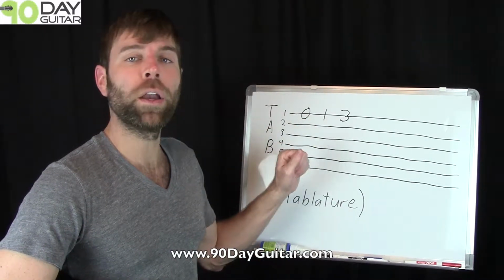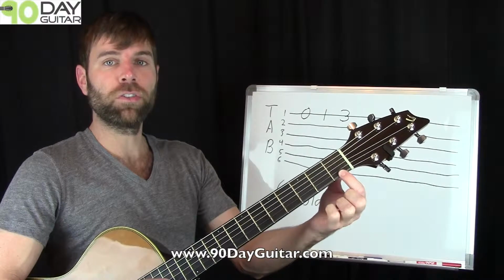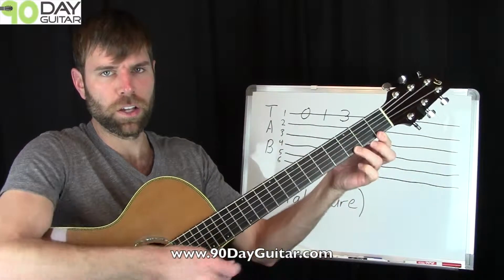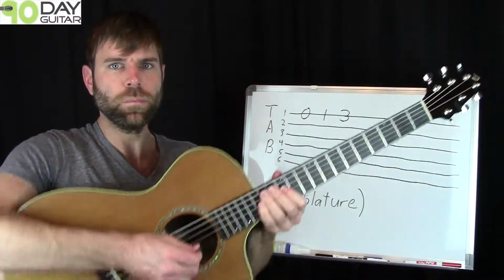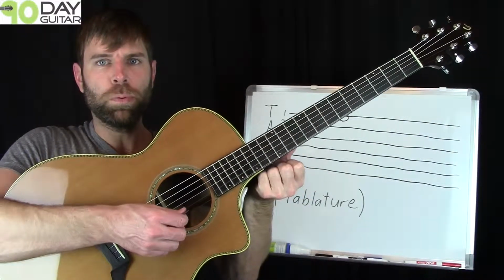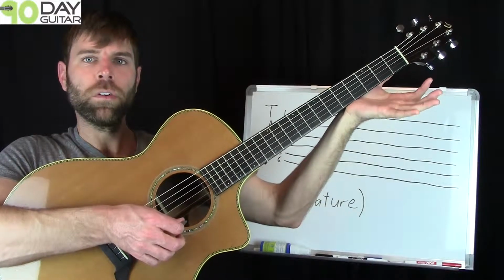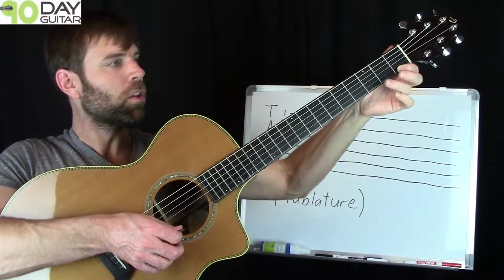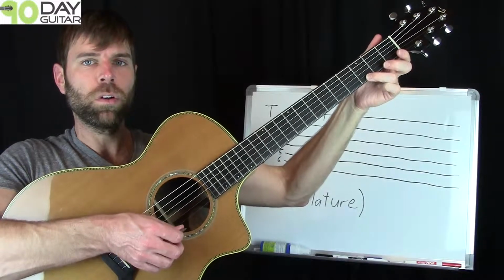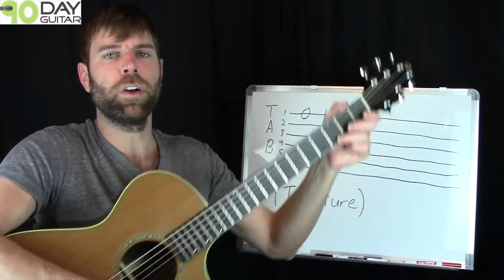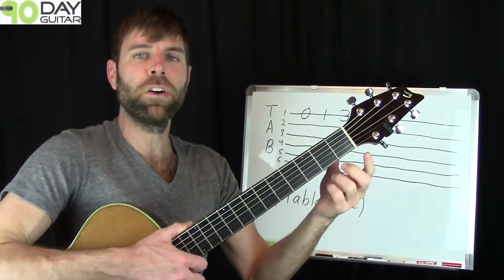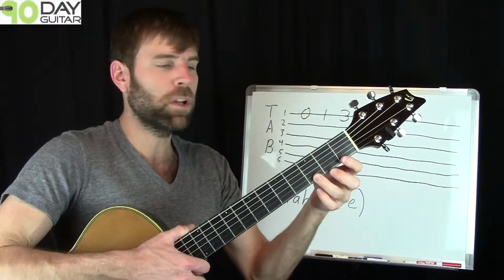Then we play a 1, which is the first fret. Then we play a 3, which is the third fret. You would play open, then play 1 with your first finger, then 3 with your third finger, but right now we're not talking about fingers. You just play the first fret, and then the third fret.